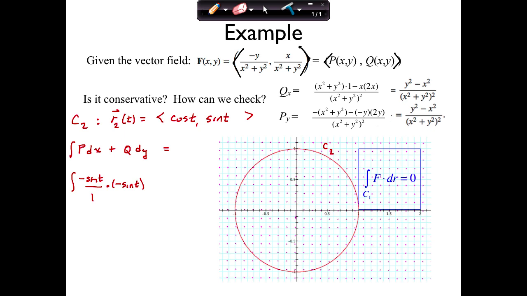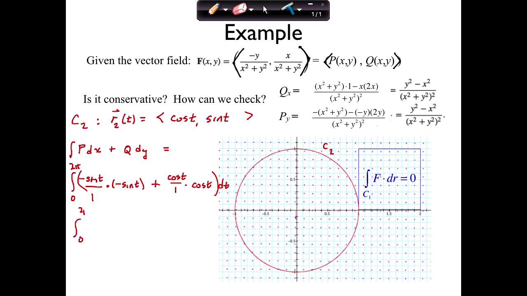We'll pull the dt out at the end. Plus Q is x over x squared plus y squared, cosine t over 1, times dy, cosine, all dt. And that from 0 to 2 pi.